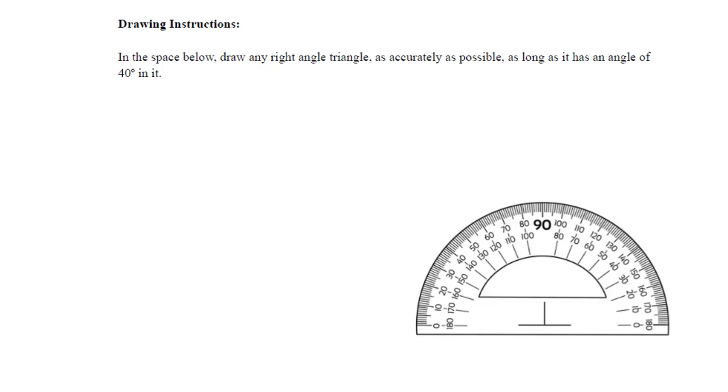Okay, you can see on the screen down in the right corner, I've got a protractor there. You are going to need a protractor. As well, you are going to need a ruler. We are going to need two devices that allow us to measure. Exactness is important.